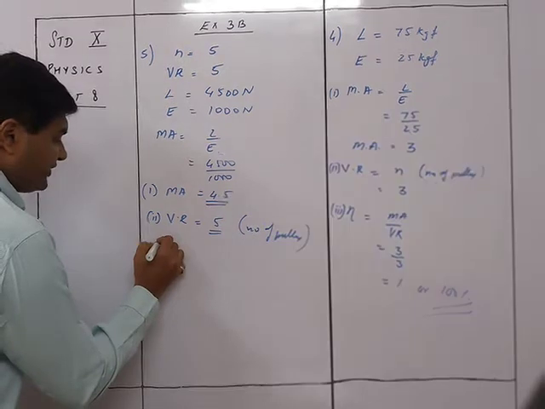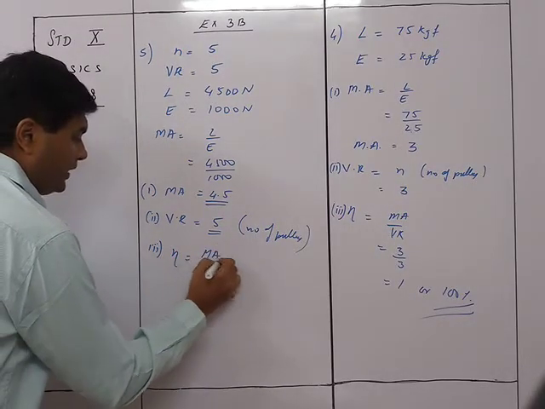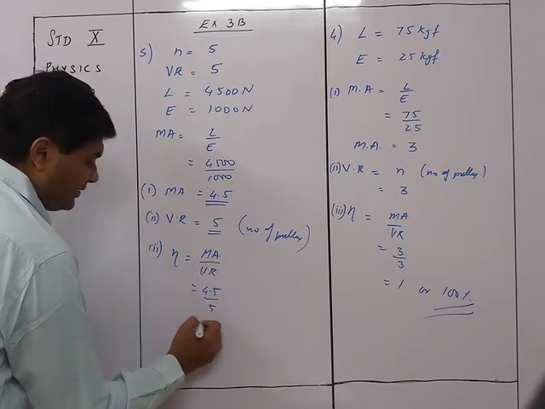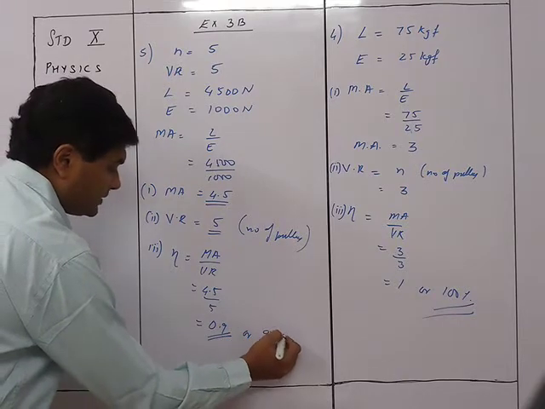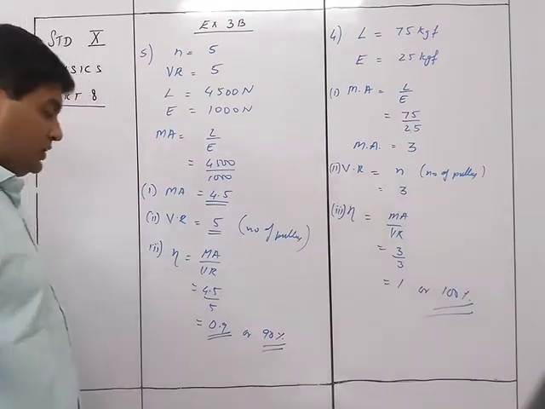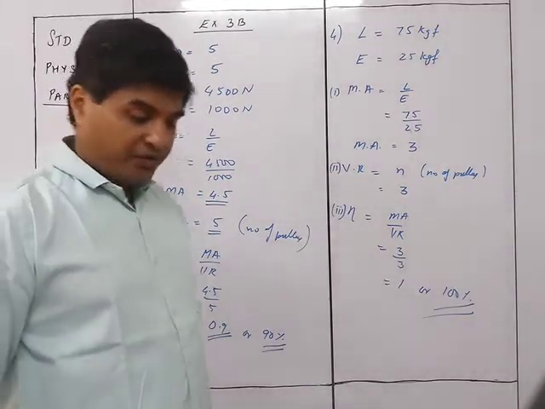And finally efficiency. Efficiency is equals to MA upon VR, that is going to be 4.5 upon 5 is 0.9 or 90%. So that is efficiency as 90% or 0.9. That was sum number 5.